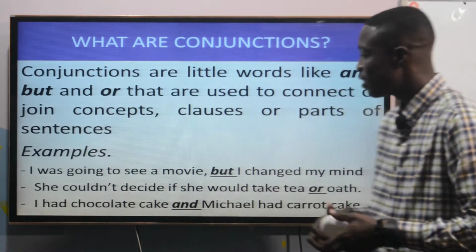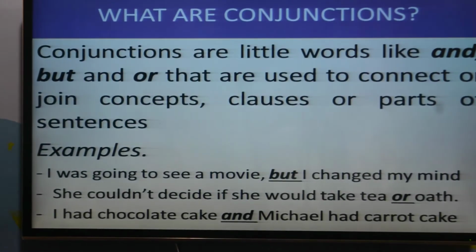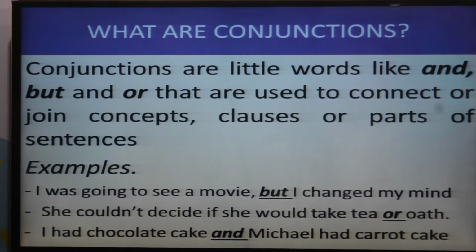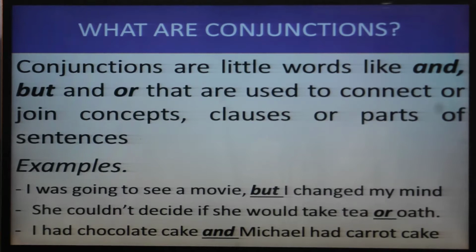So let us look at some examples of how conjunctions are used. I was going to see a movie, but I changed my mind.